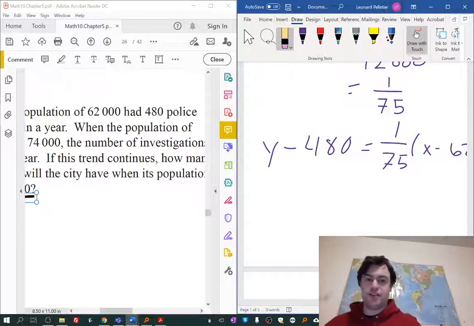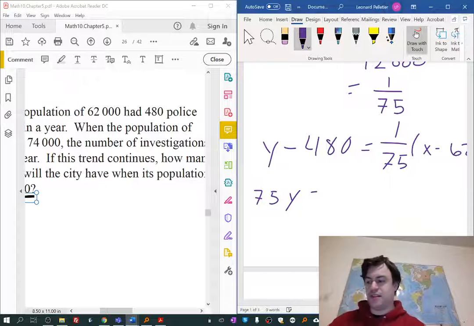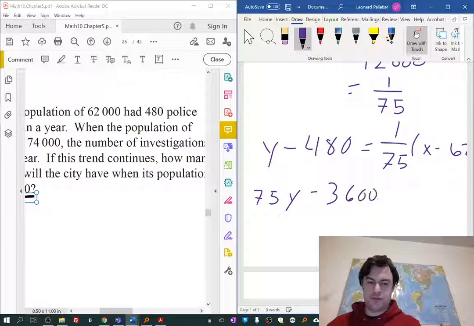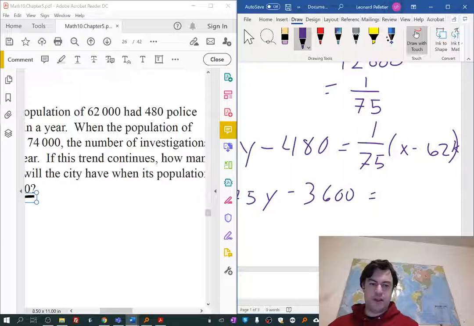So this is going to become 75y minus, and then 480 times 75 will be 36,000, and that will equal x minus 62,000. Can't fit that in, so just write x like that.